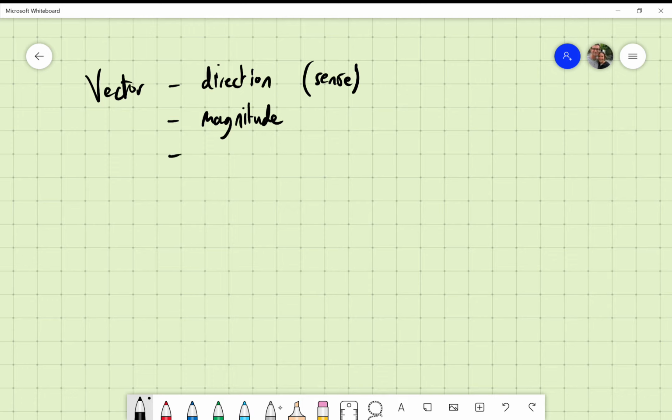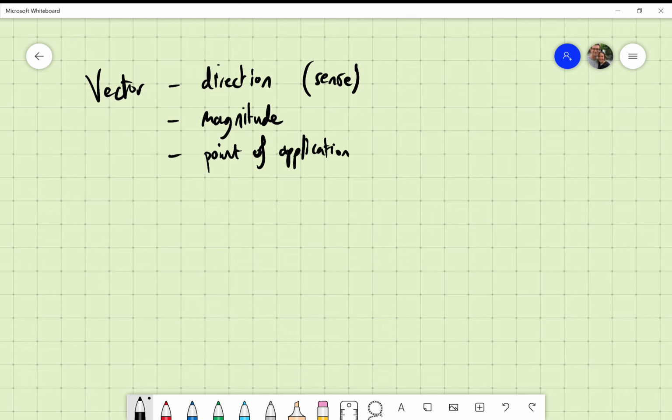Another one which our book mentions is the point of application. Now, I've never actually included this in my list of what defines a vector, but I think it's helpful, so I'm going to run with what the book is saying. The point of application is like, where is it being applied to?